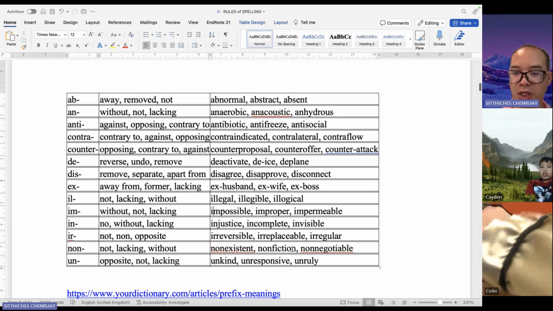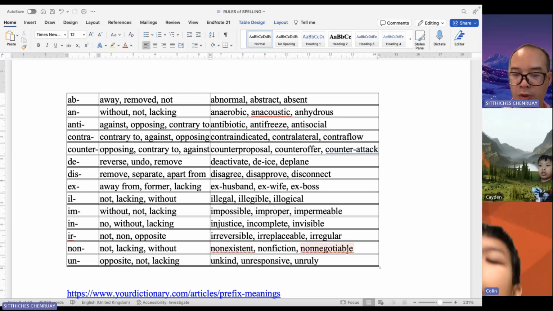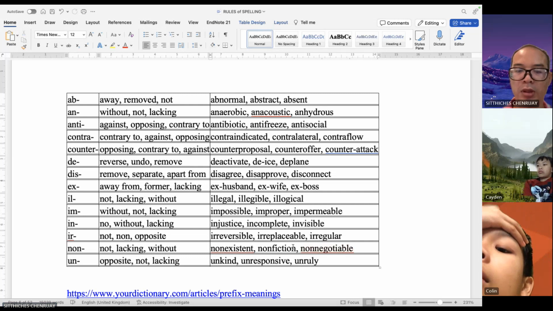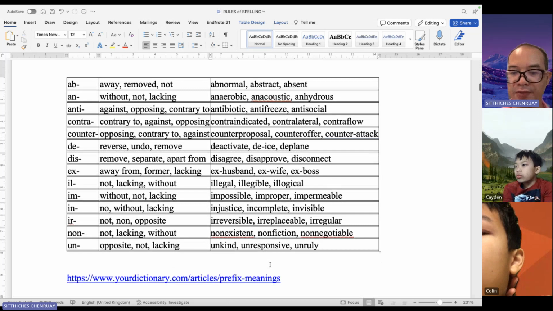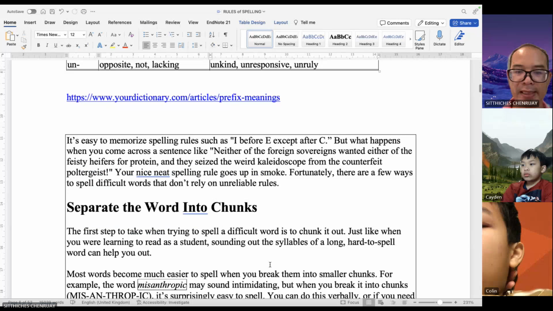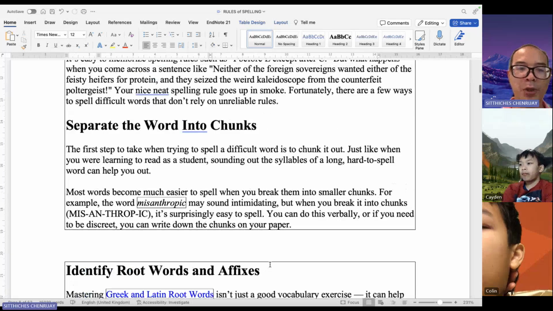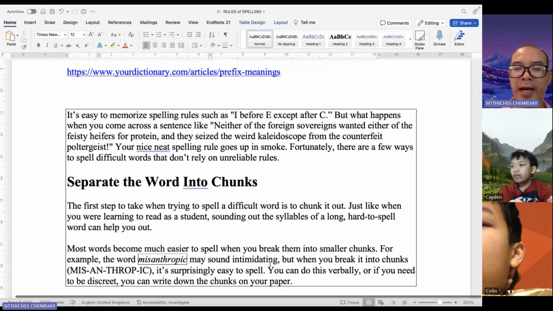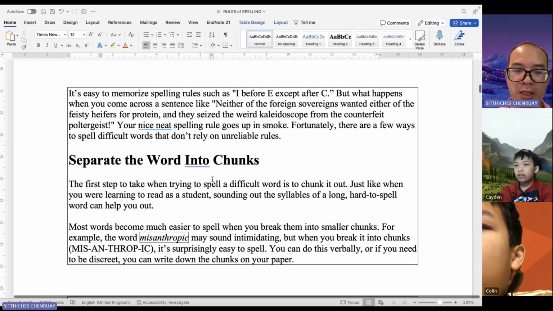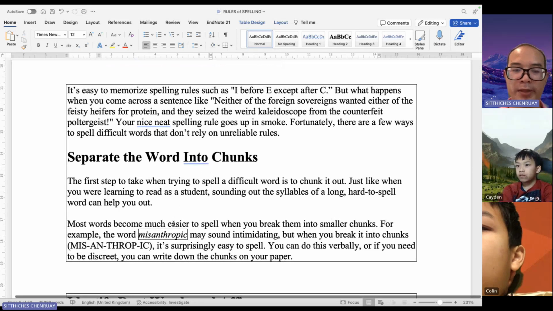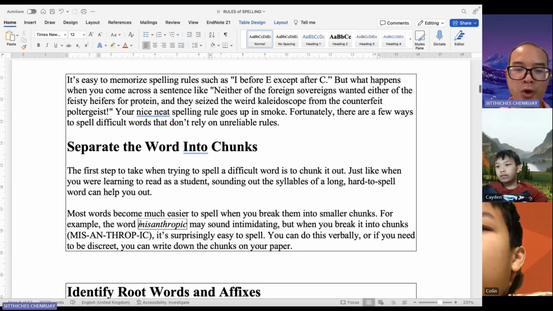Non-existent, non-fiction, non-negotiable. Then the last, un: opposite, not, lacking. Unkind, unresponsive, unruly. Okay, the way that you may memorize it well is to separate the word into chunks, not the whole word. For example, misanthropic.